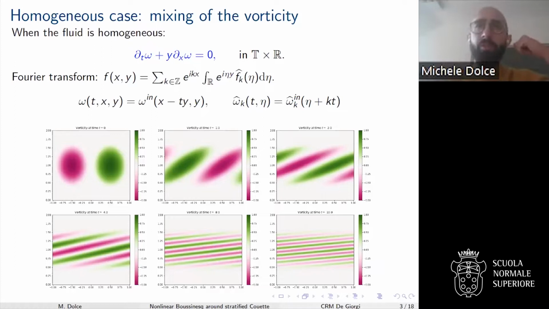If you consider, for example, this particular initial datum, taken with mean zero for convenience, you see that first the shear is stretching our perturbation, and due to the periodicity in the horizontal variable, it will wrap around the torus, and you will see the formation of stripes which are thinner and thinner. Therefore, you are creating high gradients in the vertical direction, namely large frequencies, or equivalently, small spatial scales in the vertical direction.